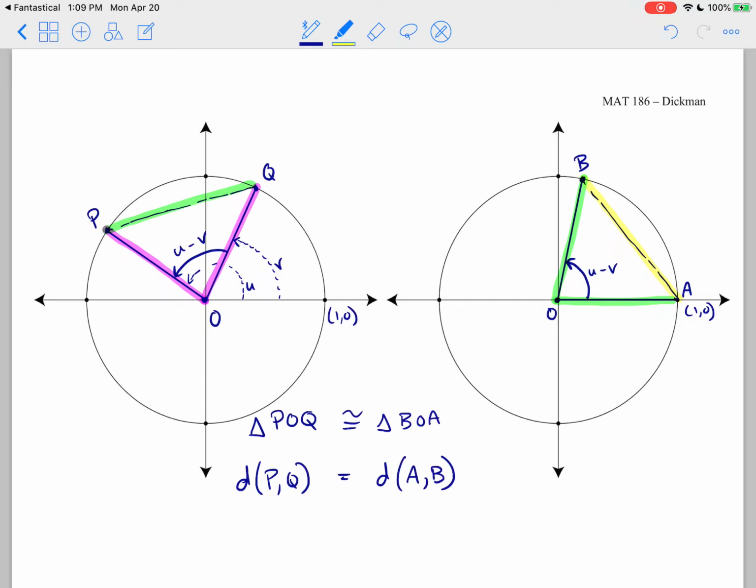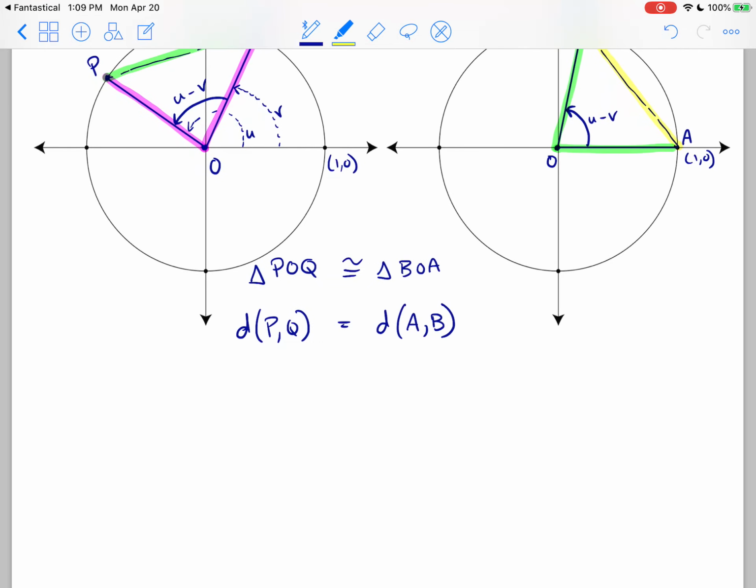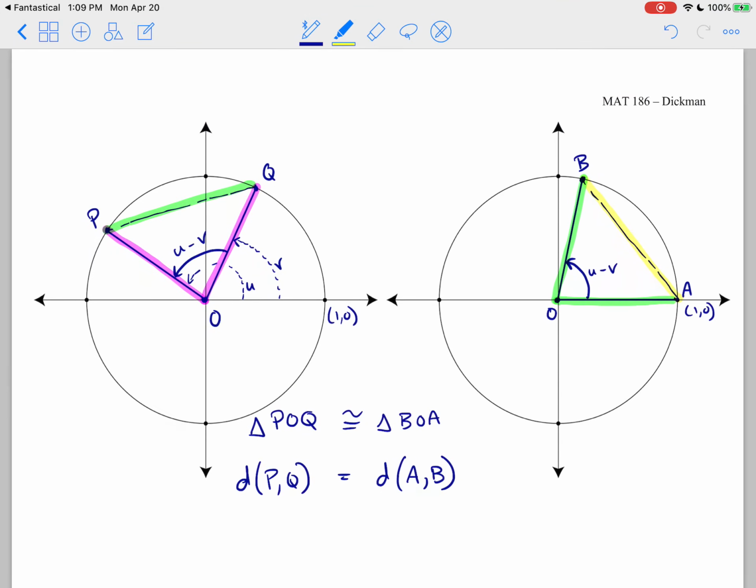Now I'm going to use the distance formula. So the distance formula, I'm just going to write it up on the top to remind us. So the distance formula is the square root of the difference in the x values squared plus the difference in the y values squared.